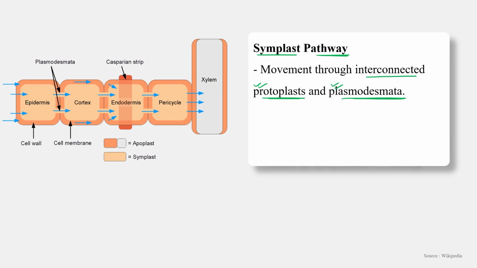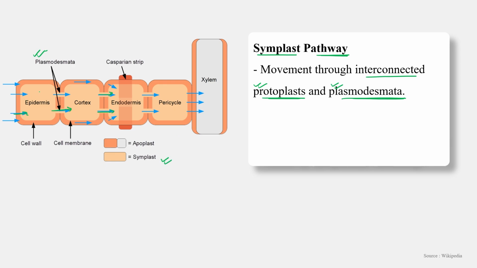So within a cell, when there is no crossing from one cell to another cell, that is apoplast, but movement from one cell to another cell through plasmodesmata or through interconnected protoplast like this, right? This is known as symplast.